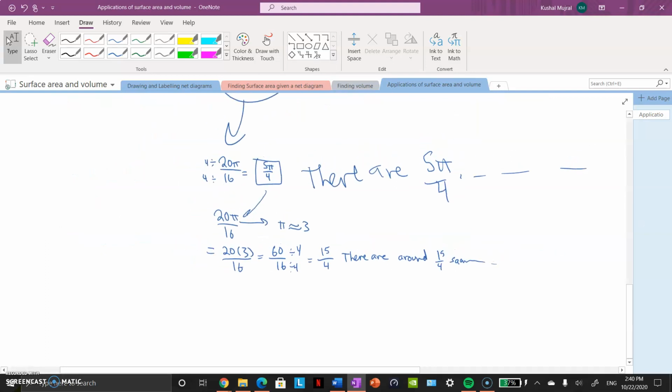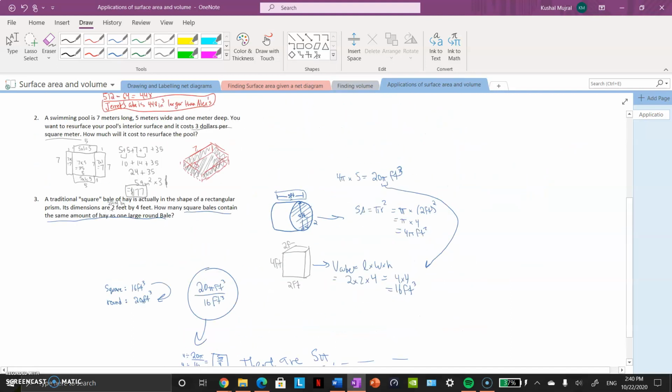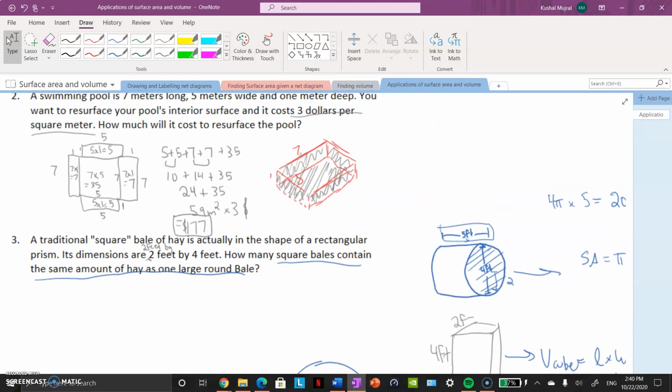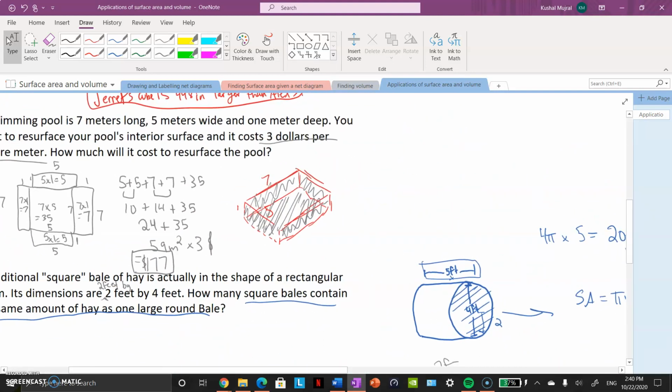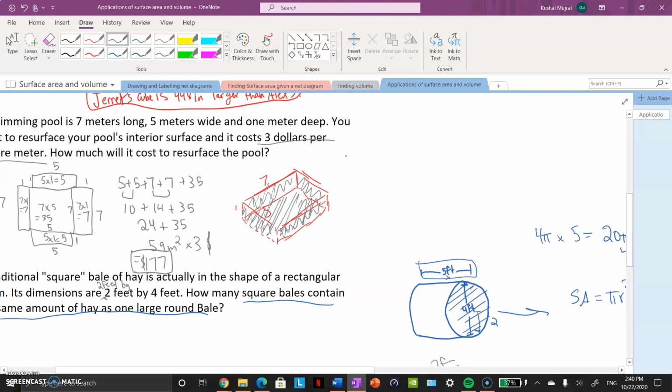Okay. Also, I just realized that I didn't put any sentence answers for the second question or the third question, so I'm going to write a sentence answer here. It will cost $177 to resurface the pool. Period. Okay.